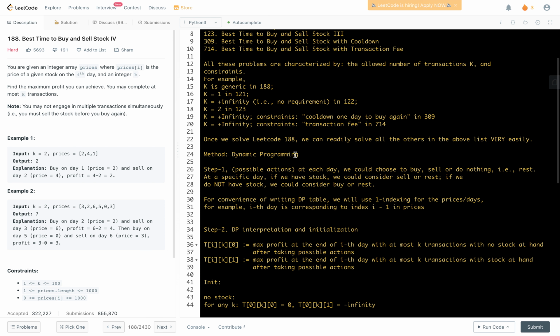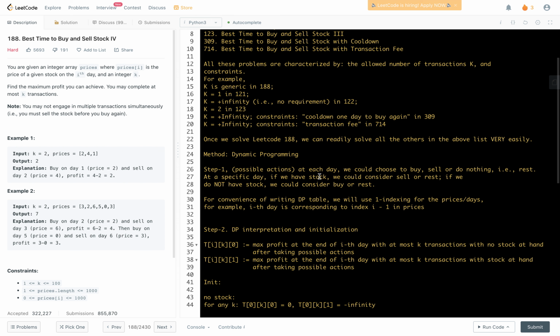Now let's look at the analysis. We are going to solve this set of problems using dynamic programming. For this problem, we are going to explain using the following 4 steps. First, step 1: we are going to characterize the possible actions we can take at each day.